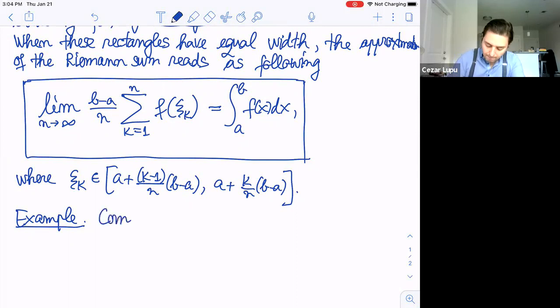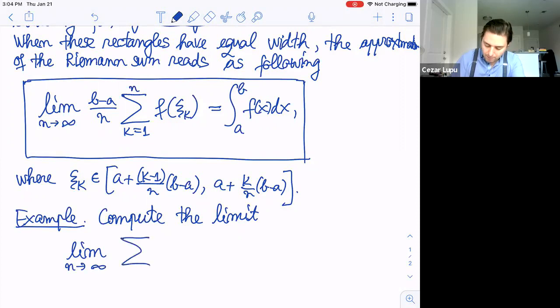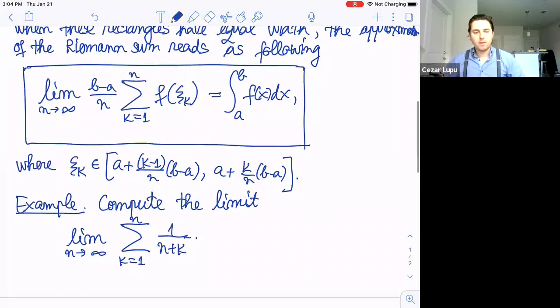So compute the limit as n approaches infinity of the sum from k equals 1 to n of 1 over n plus k. Well, we have seen this before, and I think I told you that we can find this limit by using that gamma n sequence, Euler sequence.